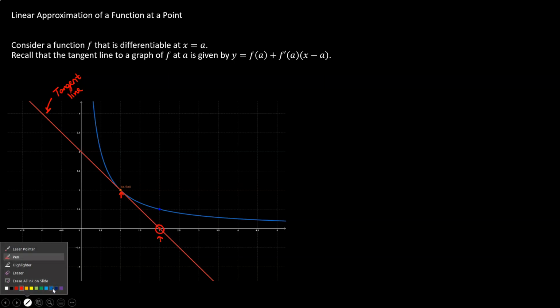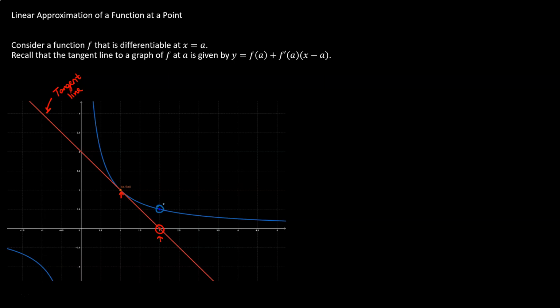The actual function value is on the blue curve. I've got that circled in blue. So we've got the actual value, and we have the approximate value. So we're going to use the tangent line value as if it were the actual value. So we're going to use that as an approximation.